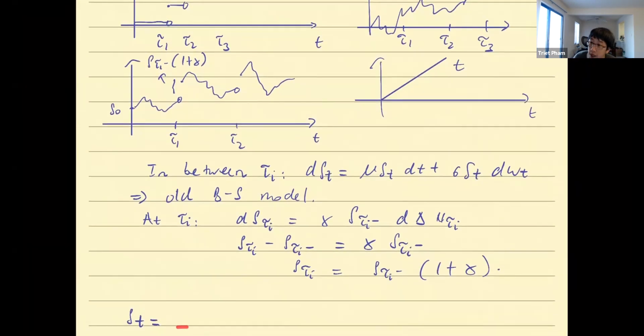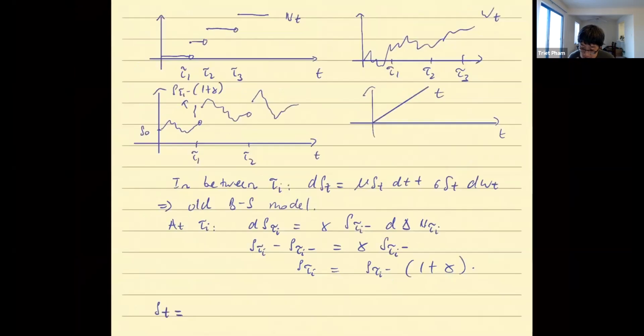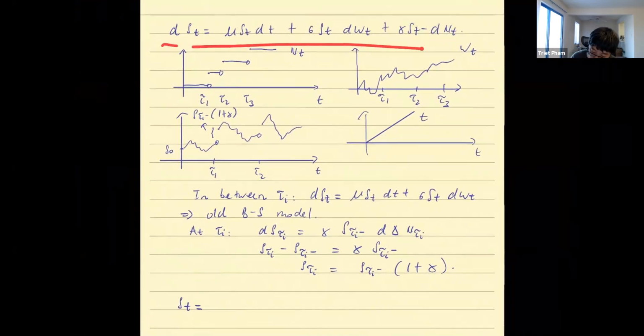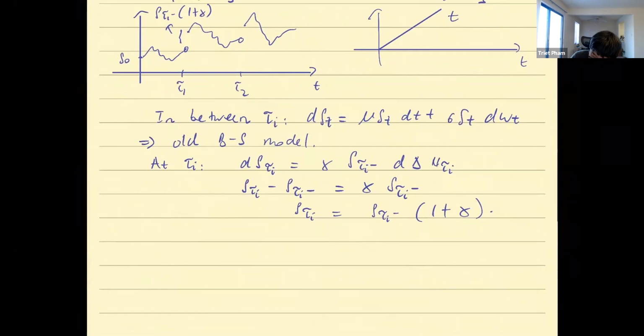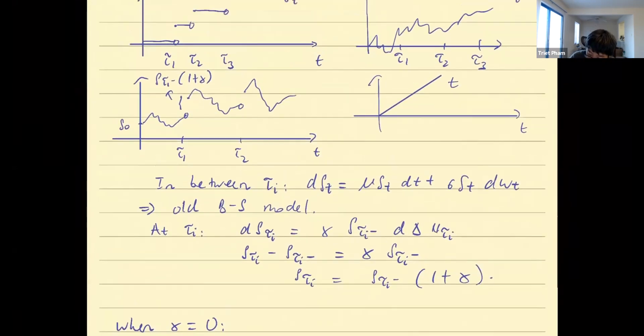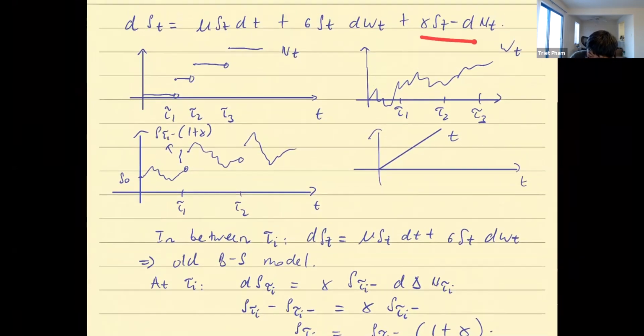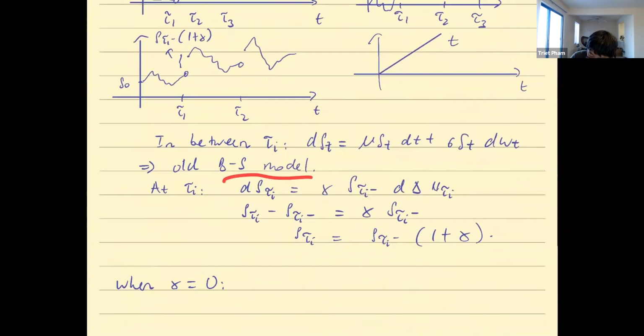Does anyone want to guess what the formula for the stock price is in this case? Let me give you a hint. When gamma equals 0, meaning when there's no jump, then that's the old Black-Scholes model, for example.